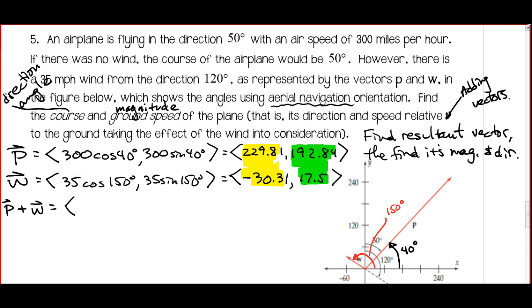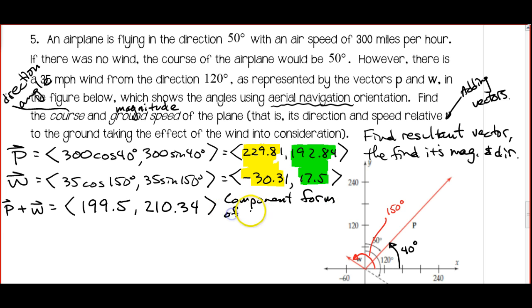So for the x component, we should get 199.5, and for the y component, we should get 210.34. So this is the component form of the resultant.